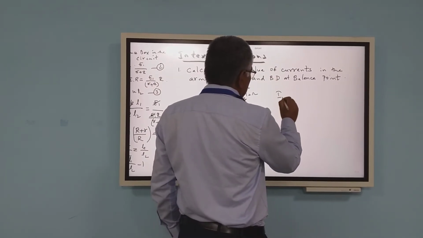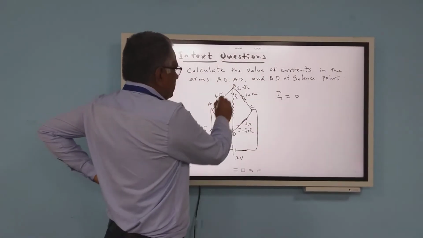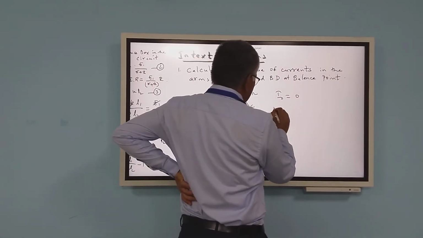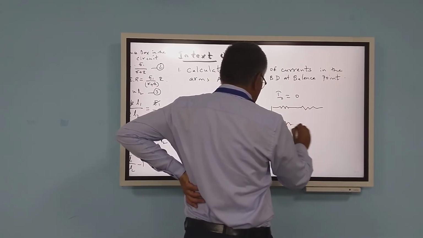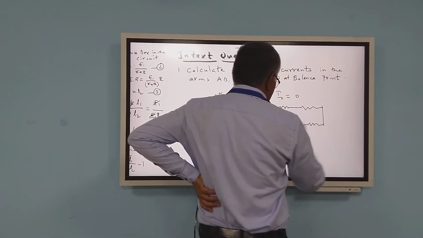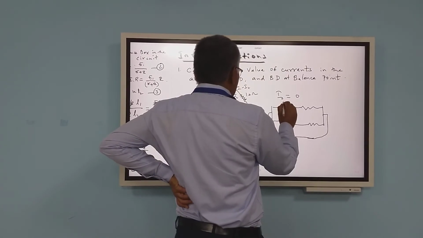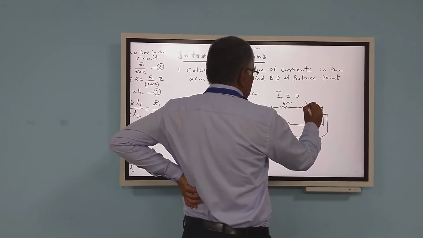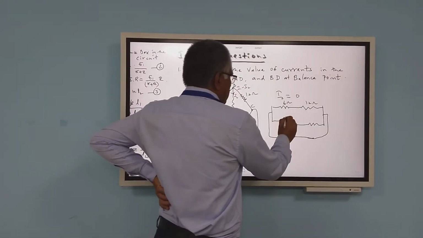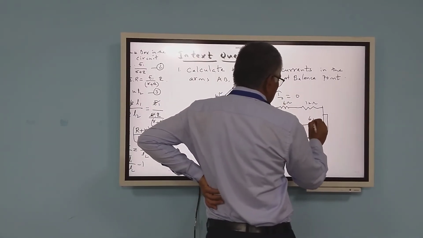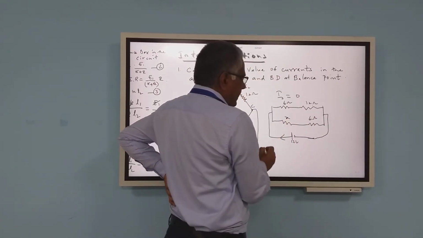First, equivalent resistance. Equivalent resistance we can write this way. Zero resistance, X. 12 plus 6 is 18 ohm.